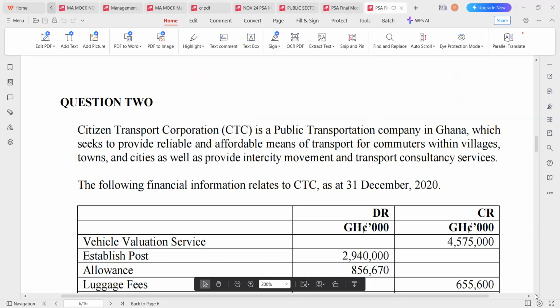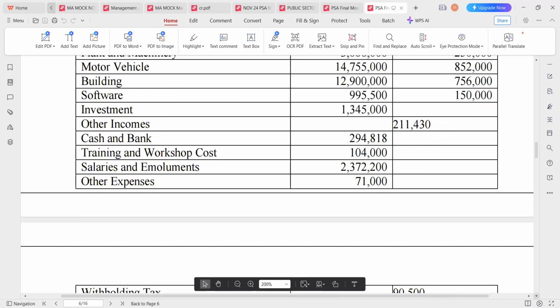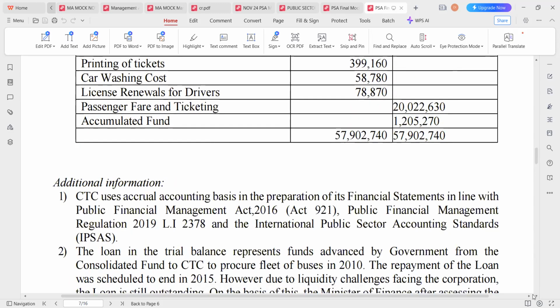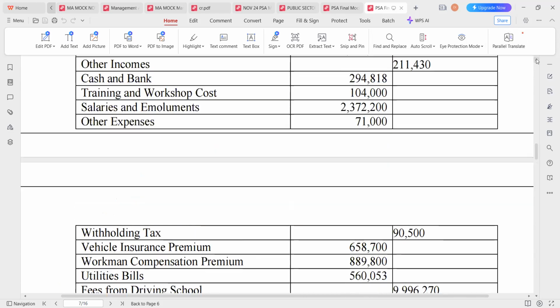I'm done. So if you have any question, kindly ask. Their trial balance is also the same. Pastor, yes please, the question 1. The last question, there was one last question before you came to question 2, which is this. You didn't touch on it.